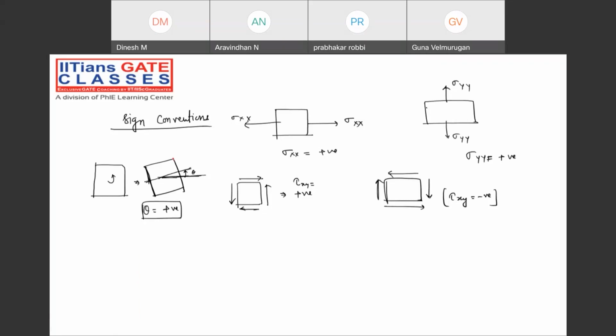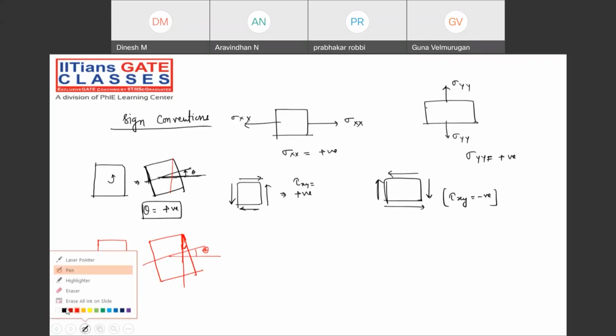Because once you have rotated this element by theta degrees, what will be this particular angle? This angle. Theta or not? Check it out.